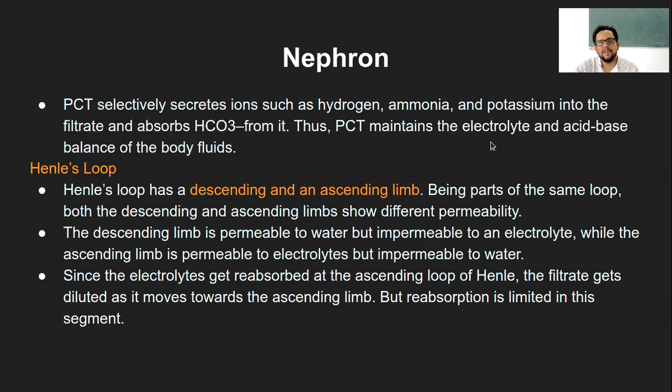And thus the PCT will maintain the electrolyte and acid-base balance of the body fluid. That means based on how much hydrogen is going out or being retained, or similarly for bicarbonate being removed or retained, the pH and the acid-base balance of the body fluid can be maintained by the PCT itself.